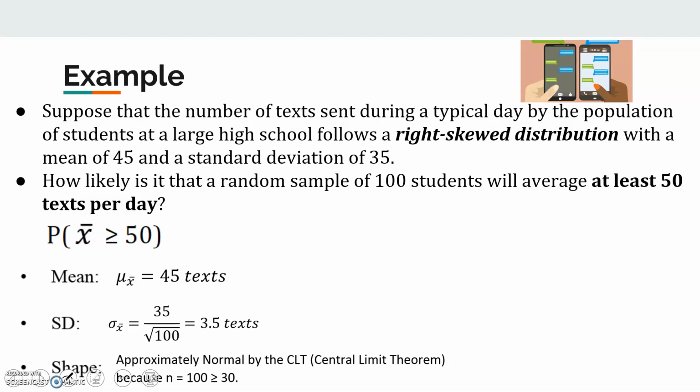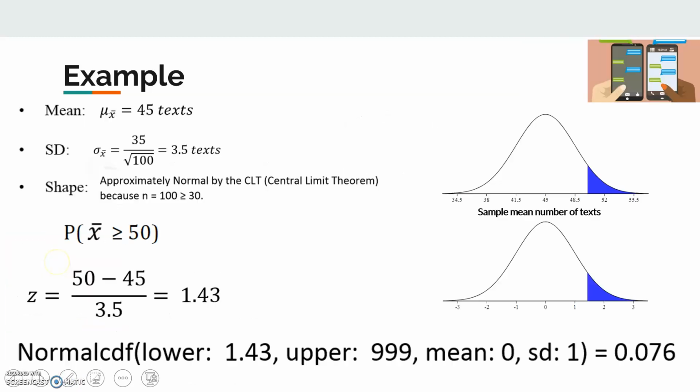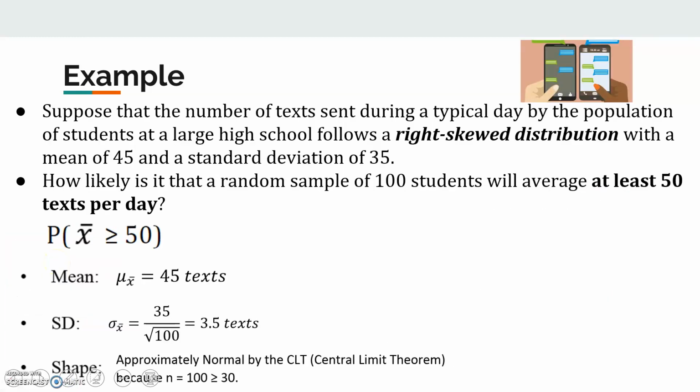All right, so as you can see here, the mean is 45 because that's the mean that's given. So our mean, mu of x bar, is 45. Our standard deviation is 35. Now remember, this formula comes from one we talked about earlier in this chapter.